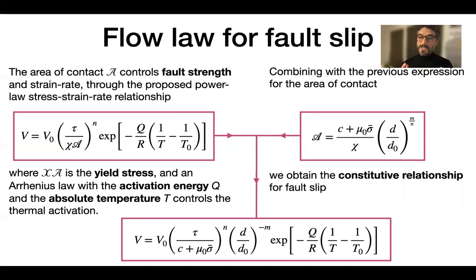The thermal activation can be described as an Arrhenius relationship with an activation energy Q. If we combine the flow law and the expression for the real area of contact, we obtain a constitutive relationship for fault friction in multiplicative form with a power law of stress, power law of the curvature of microasperities, and thermal activation.